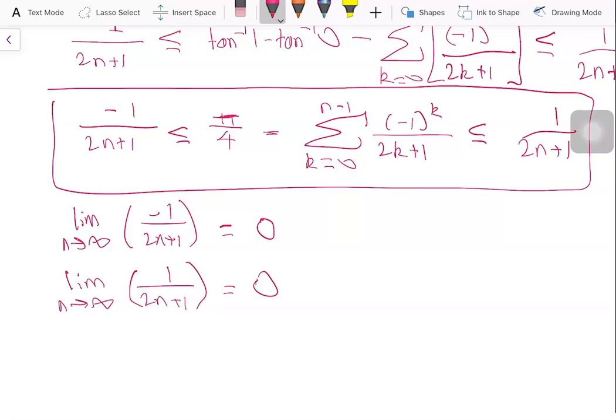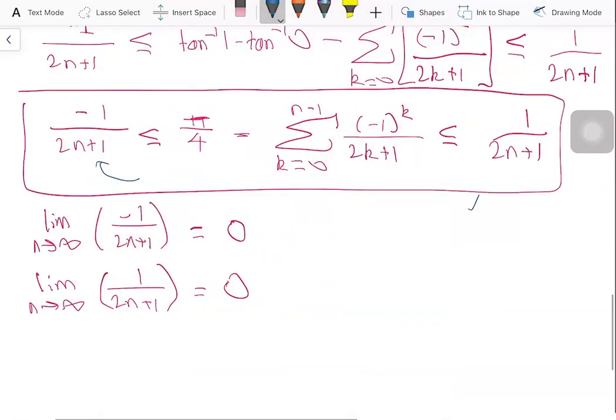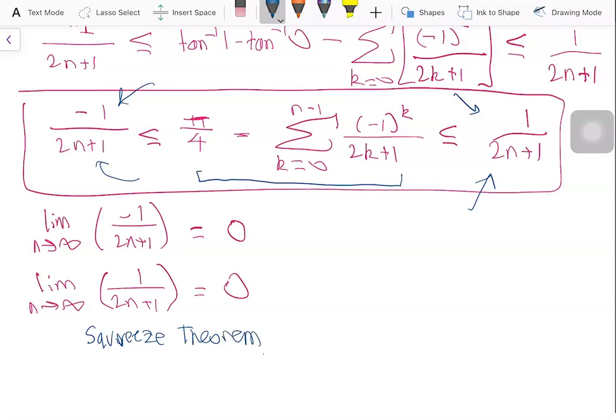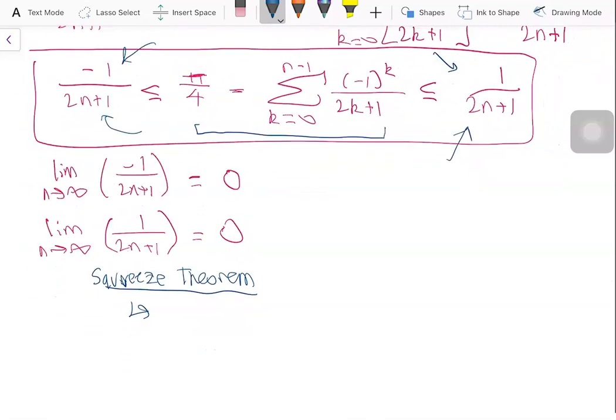Since these two limits go to 0, and this expression pi over 4 minus the sum is squished within these two expressions, we can apply the squeeze theorem, which says this limit squished between these two limits will also approach 0.